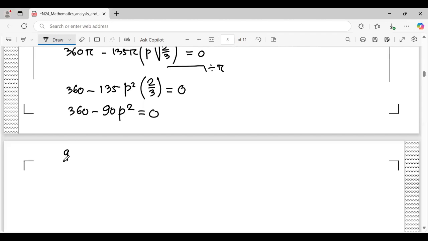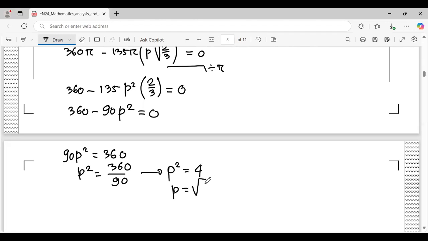So 90 p squared equals 360. P squared equals 360 over 90, so p squared equals 4.